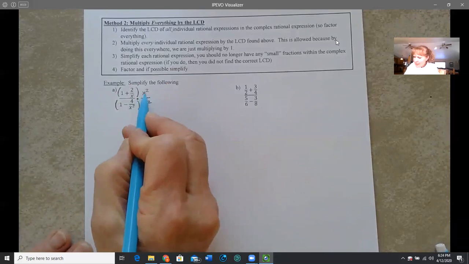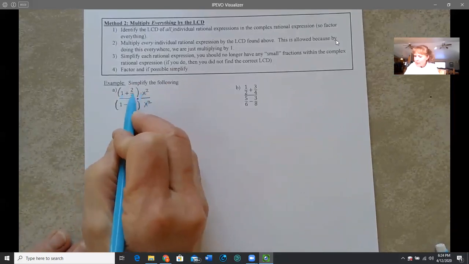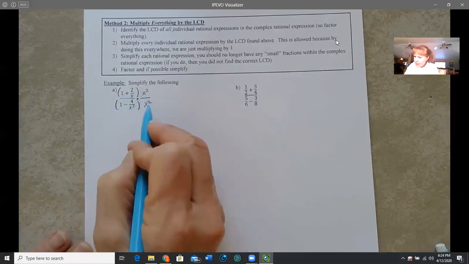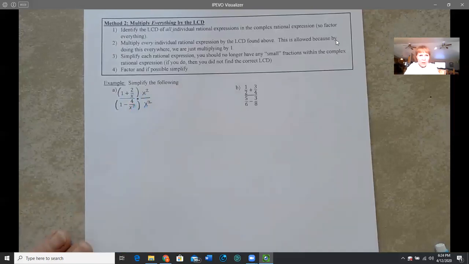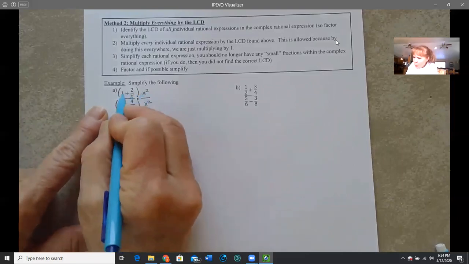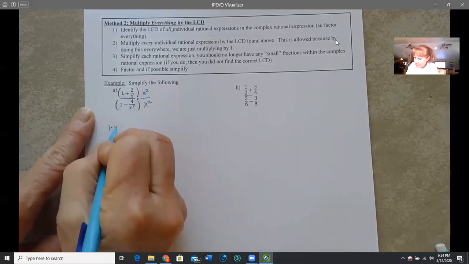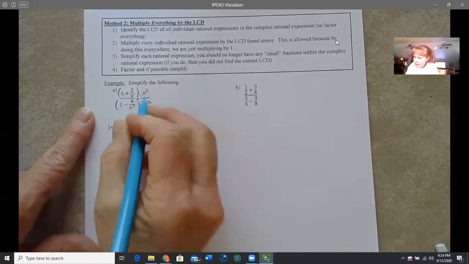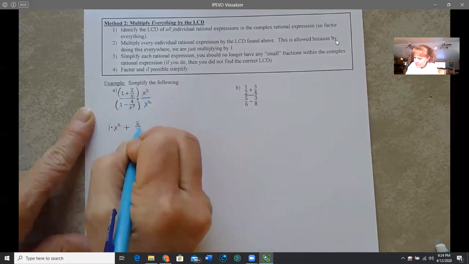In this case, you'll take x squared times 1, x squared times 2 over x, over x squared times 1, x squared times 4 over x squared. So we'll be multiplying every term by the x squared. Here, I'll go ahead and write that out. 1 times x squared plus 2 over x times x squared.